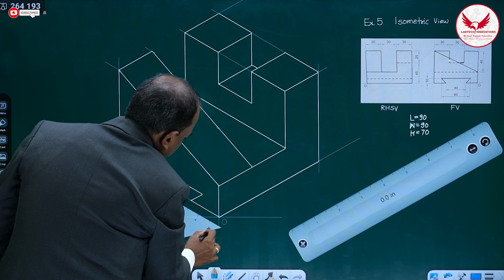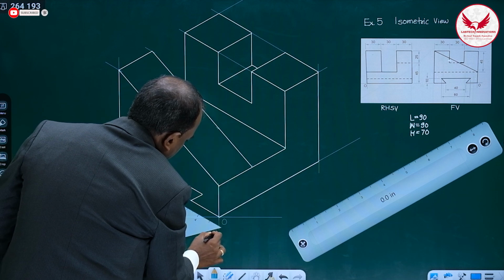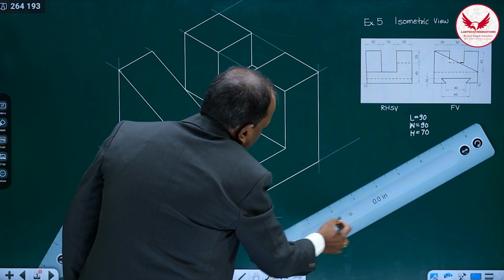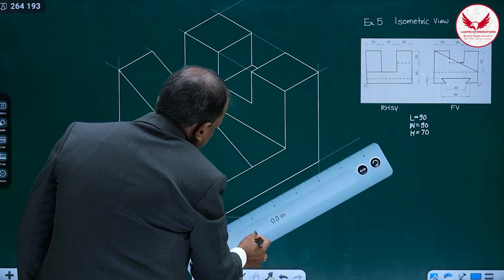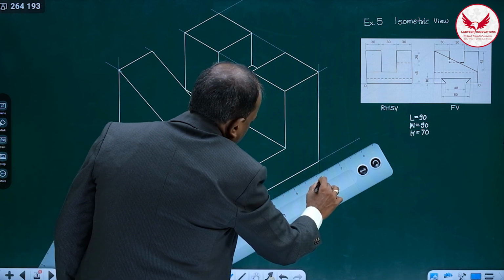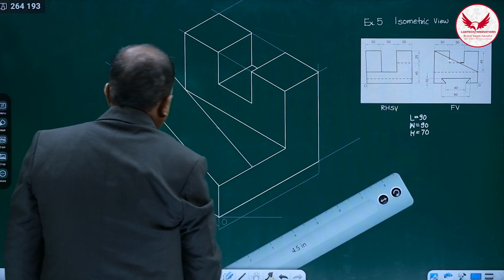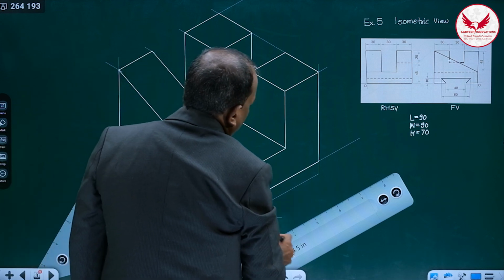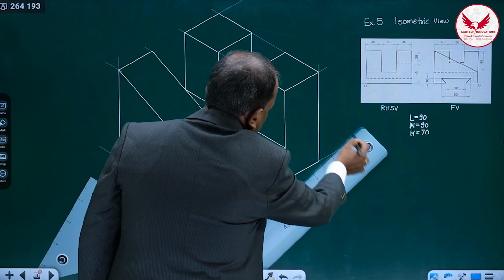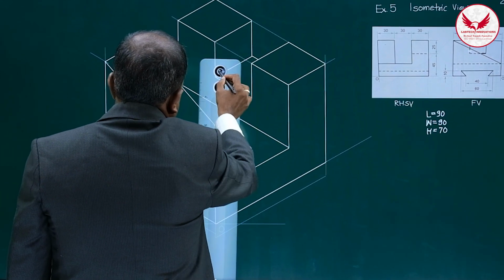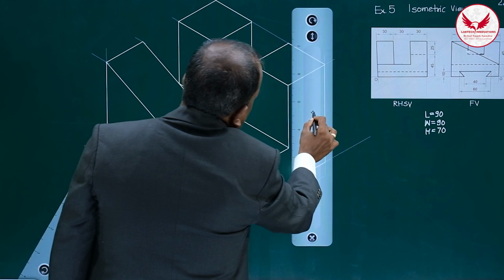From this is the line for length. For width, I can mark this line, and for height also we can mark this line.